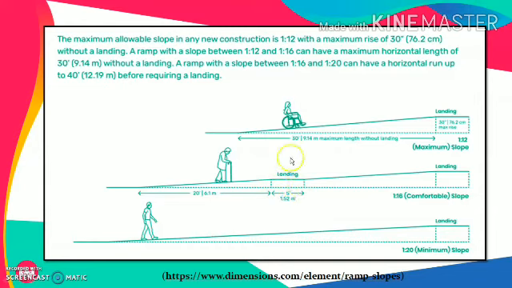This helps old age persons to have a rest or a break in between, while for other cases the maximum slope can be in the range of 1:20, and in such a case even the landing is needed after a certain break.